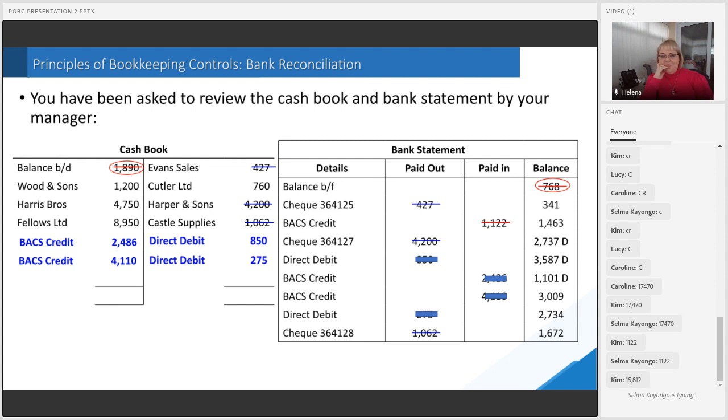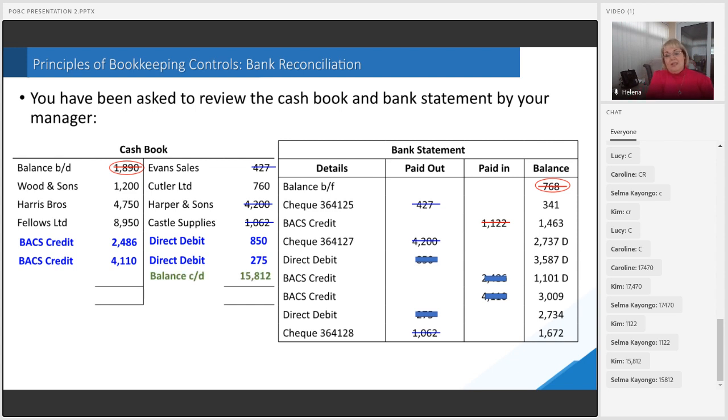Excellent. Perfect, guys. Well done. Yeah, it certainly is. There's quite a few figures there to deal with, so I'm impressed you've done it so quickly. So £15,812. Hopefully, it's our balance carried down figure. So let's have a look, is it? It certainly is.